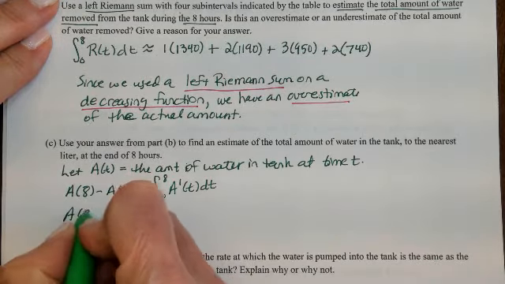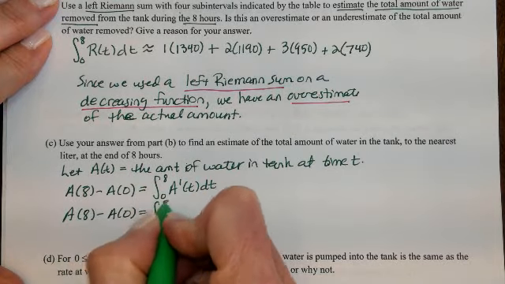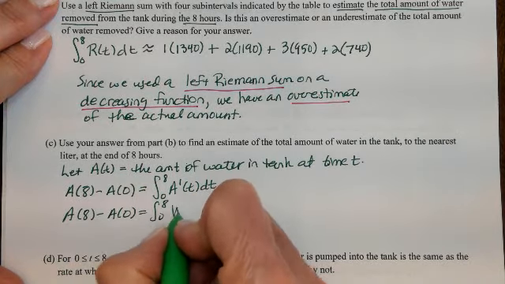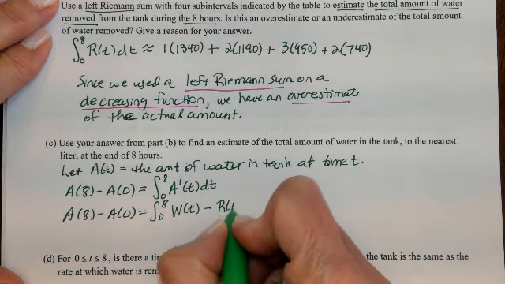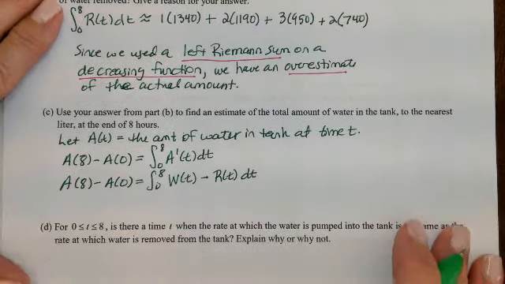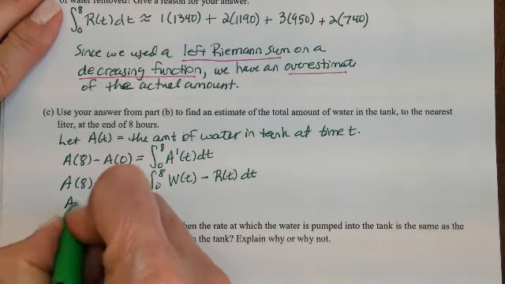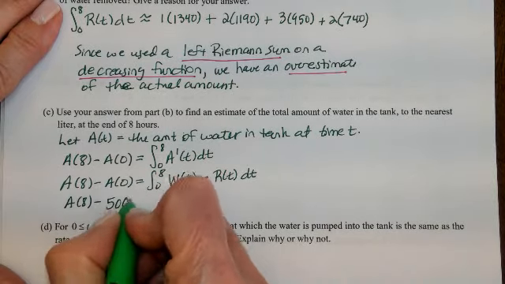So I'm going to write that. This will be my rate in, which is W of t, minus my rate out, which is R of t, dt. Okay, A of 0, what we start with, is 50,000.